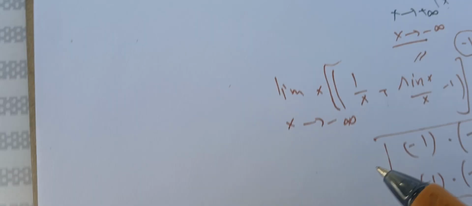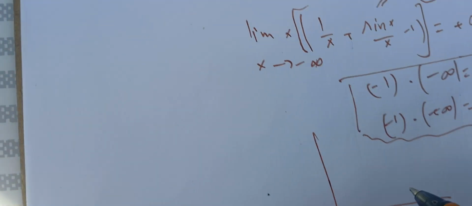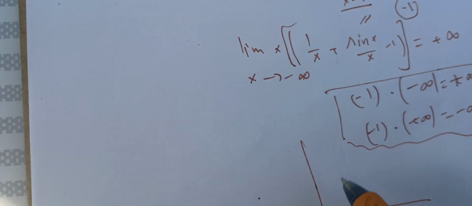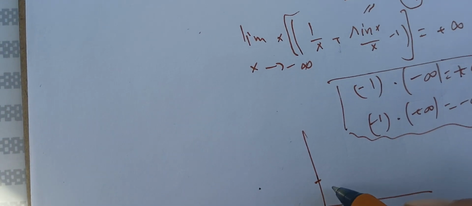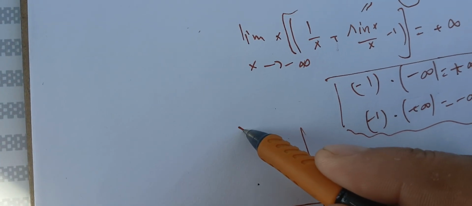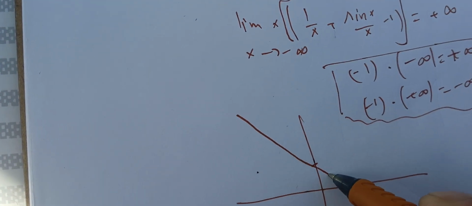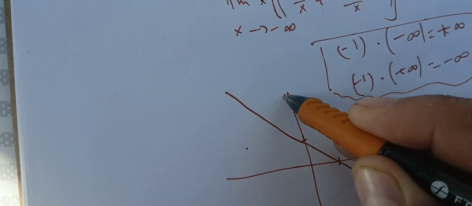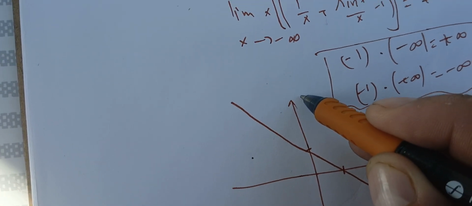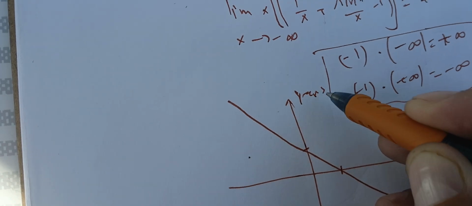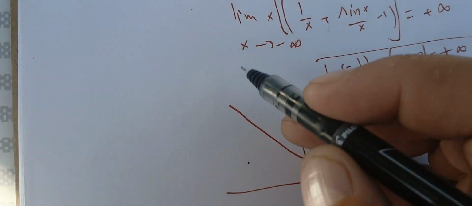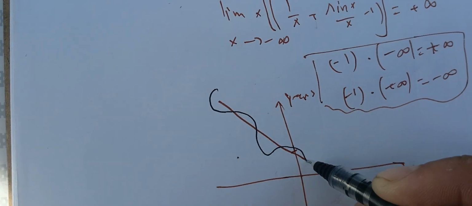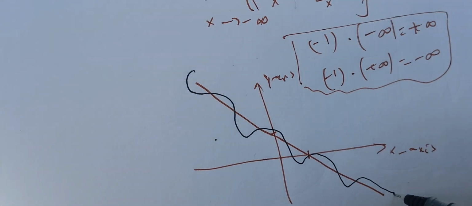What's this limit? Graphically, if we try to graph this function, we see that it's like the function 1 minus x, but with the presence of the sine, it will make our function deviate or rotate around this function.